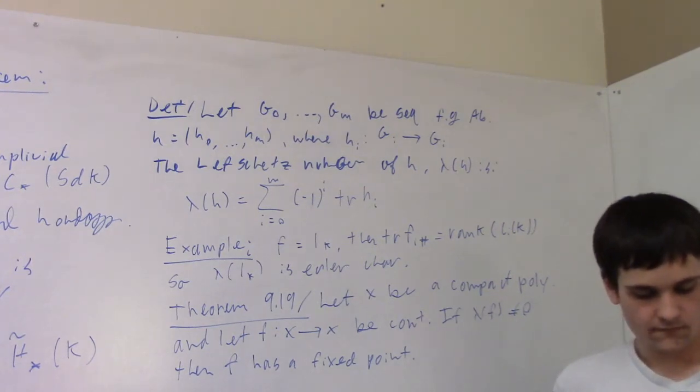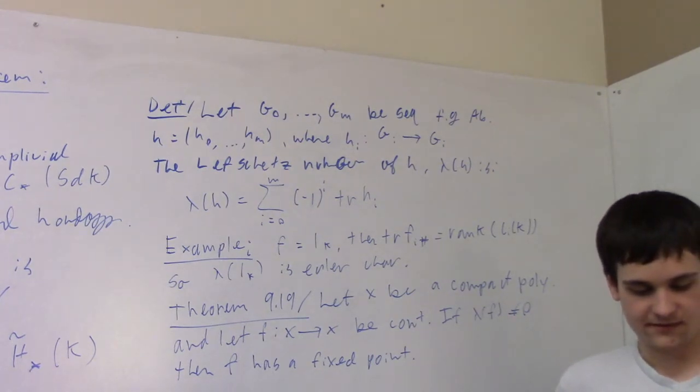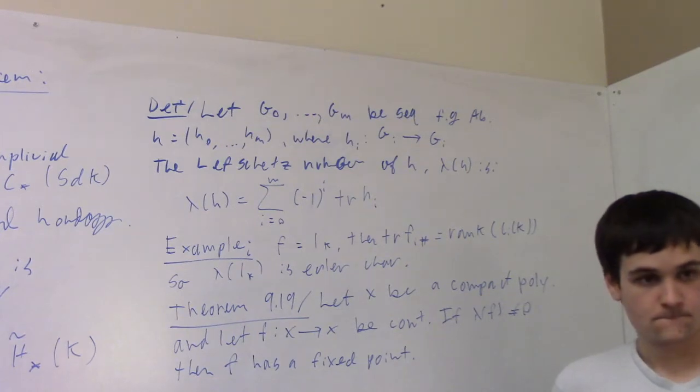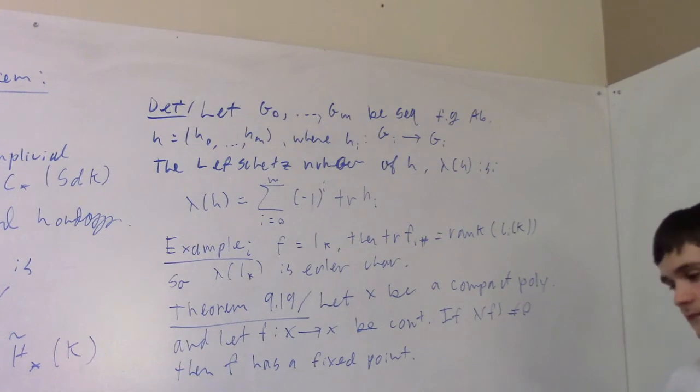Don't worry. But it is kind of interesting because it does use some of the things that we used previously with the subdivisions. So the theorem again: X a compact polyhedron, f continuous. If the Lefschetz number is non-zero, then it has a fixed point. Well, I guess in the proof, it's a proof by contradiction.